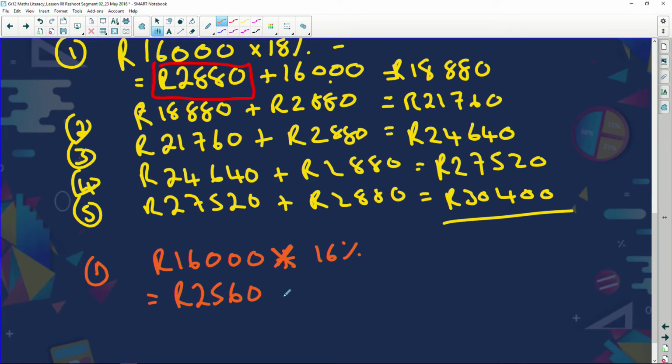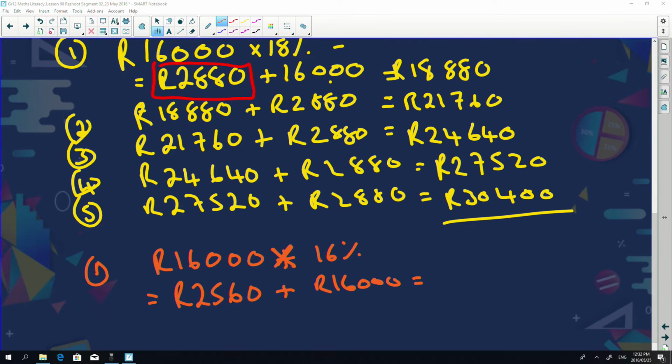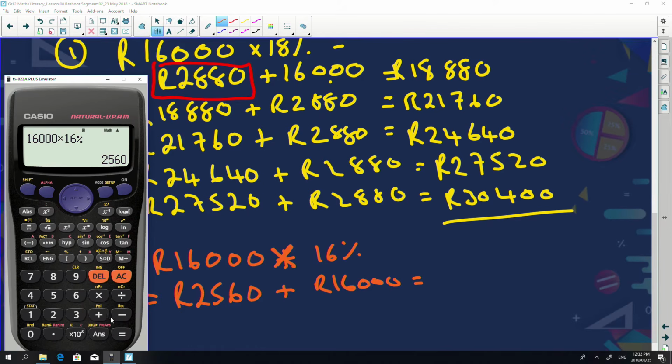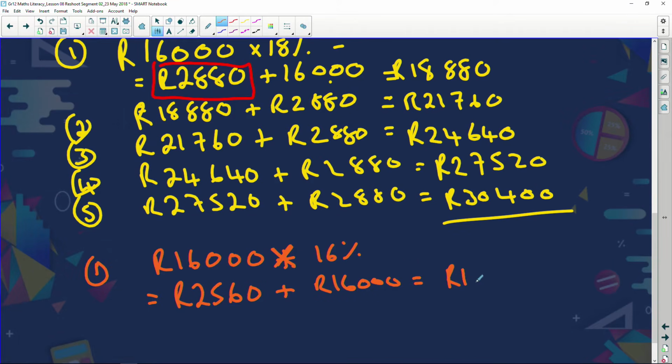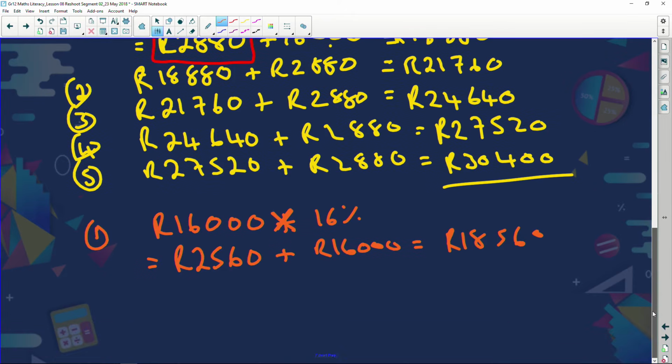But to that, we've got to add the 16,000, so plus 16,000 equals 18,560 Rand. So that's after year 1.